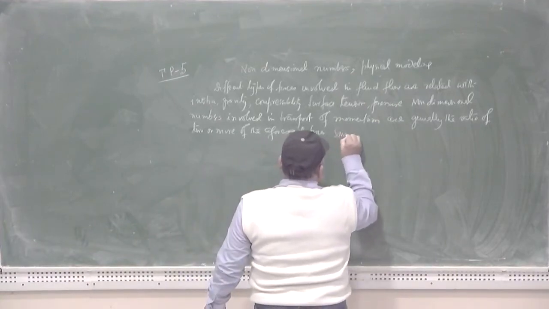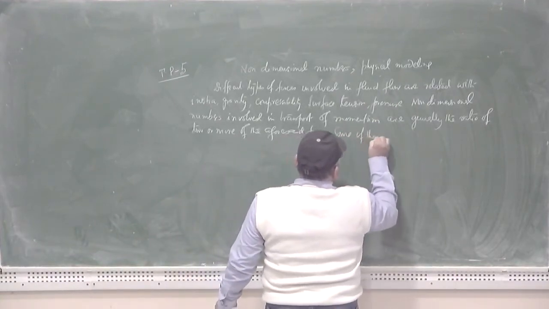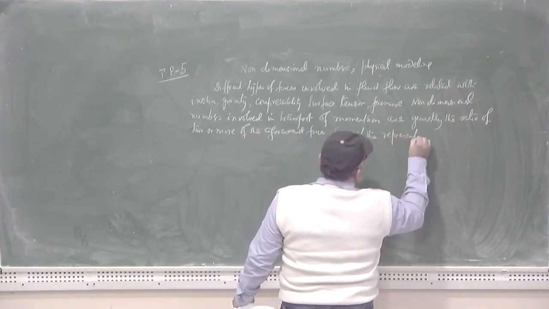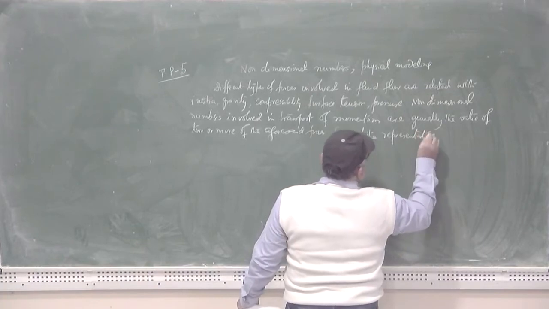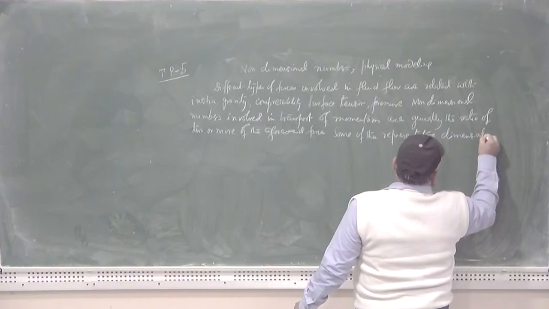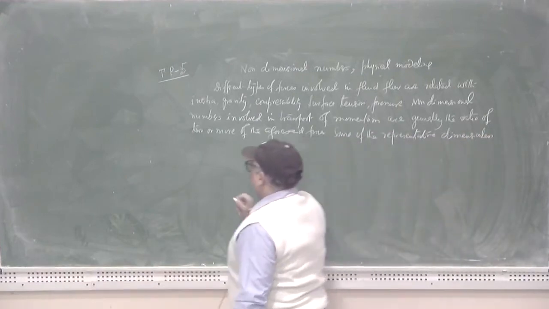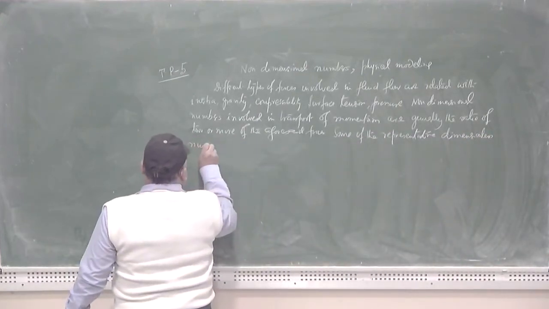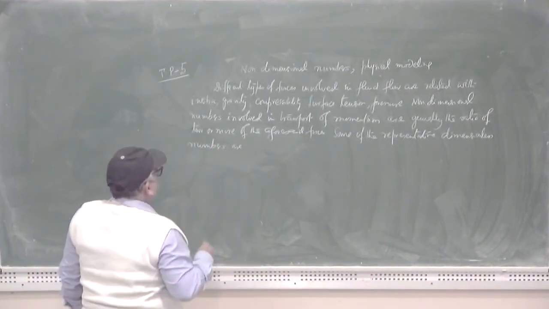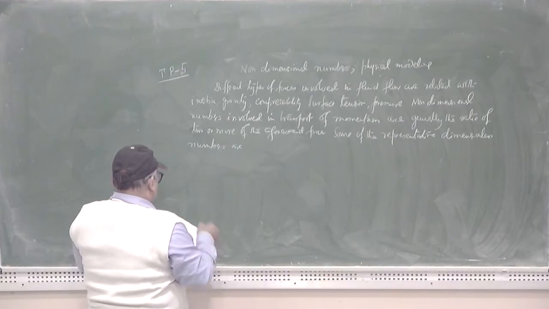And some of the representative dimensionless numbers are, first, the Reynolds number.